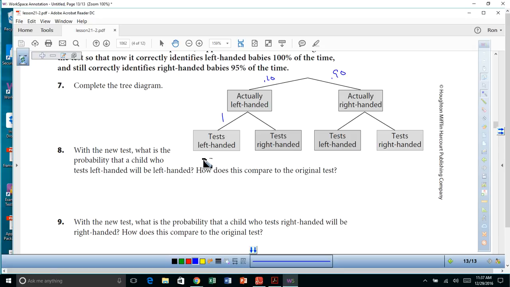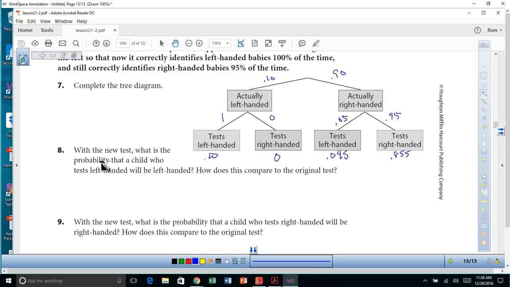So that's going to be 0.10, and that gives you 0 here and 0 there, because 100% of the time. Then 0.05 and 0.95. 0.9 times 0.05 is 0.045. 0.9 times 0.95 is 0.855. Okay, so we completed the tree diagram.